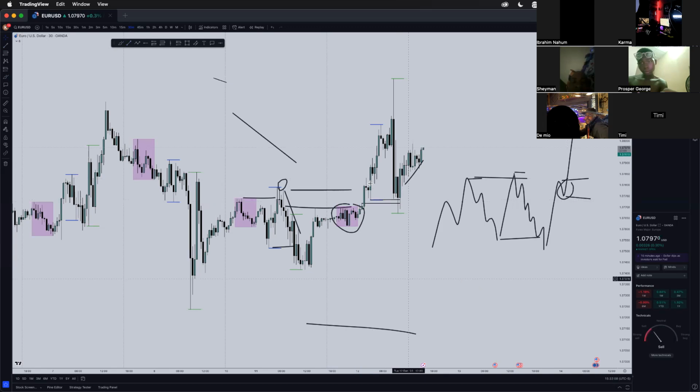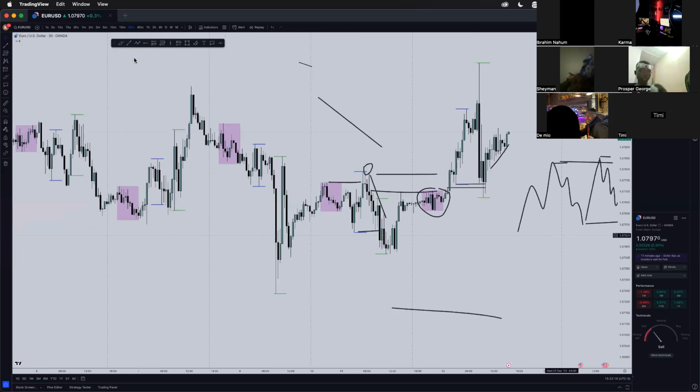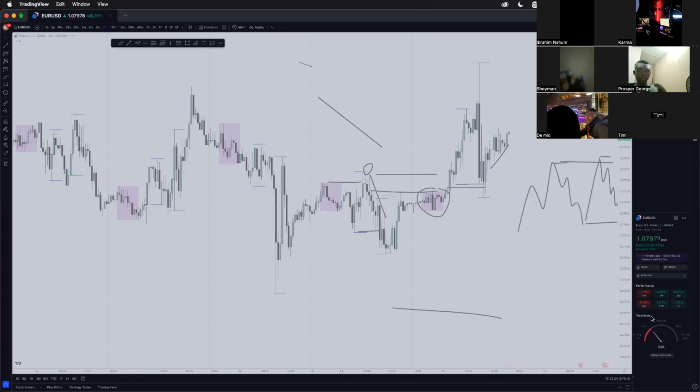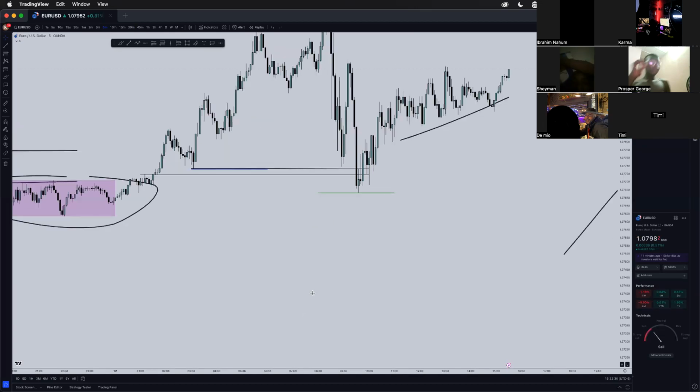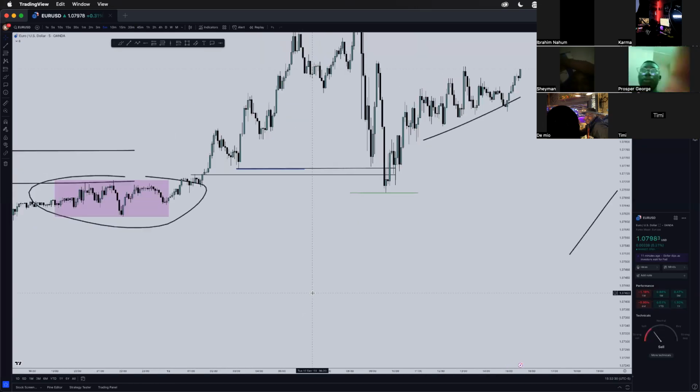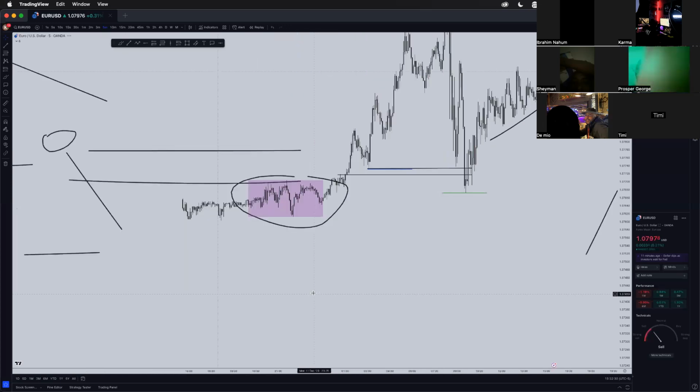Now, after seeing this break of structure and pullback, incomplete pullback, now let's investigate the base itself. So now, investigating the base, let's go to 5 minutes. You will see exactly what I'm talking about. Are you guys with me?